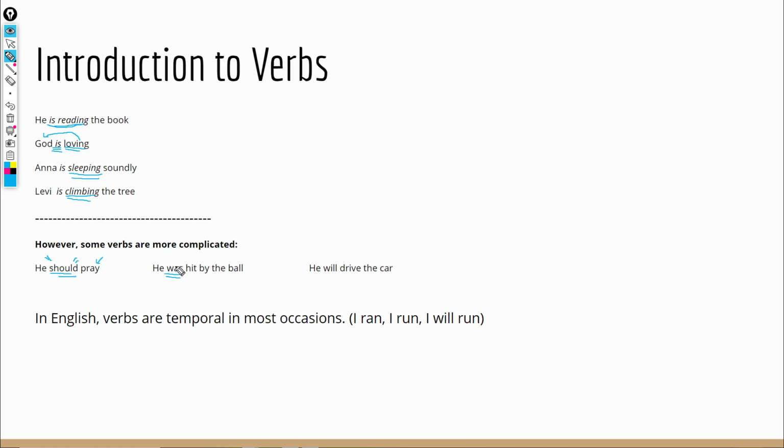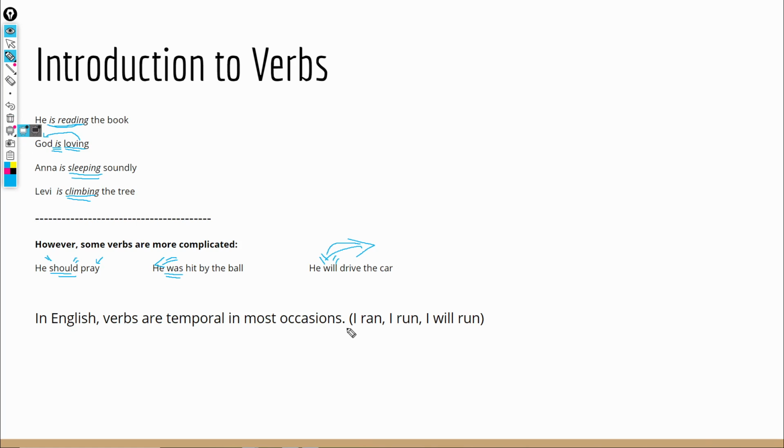So obviously you're saying this happened earlier, backwards in time. It's a temporal thing. Thirdly, he will drive the car. This isn't he is driving the car, or he drove the car. He will drive the car. If you say this, you're obviously wanting to talk about something that will happen in the future. So again, it has a bit of a temporal flair to it.